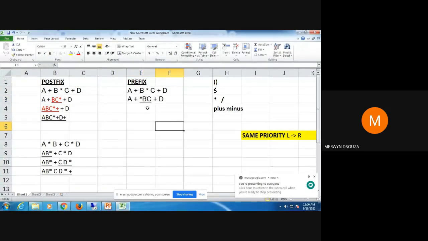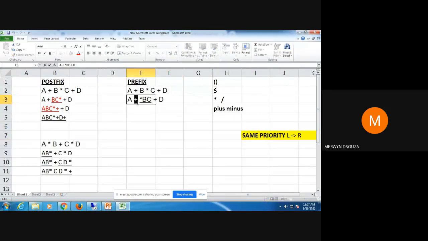Okay. So next step, there are two operators which are not yet solved, plus and plus. So same priority, you solve from left to right. So you're going to solve this one first. The one operand for this plus is A, the other operand is multiply BC. When you solve this, you will get something like this.